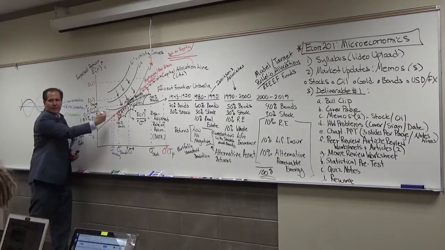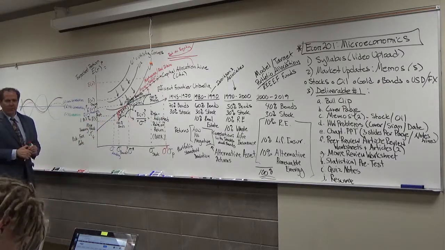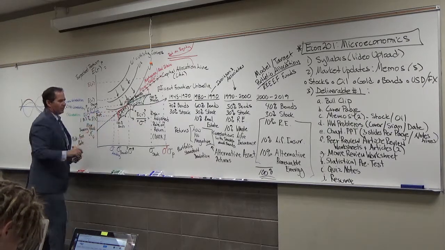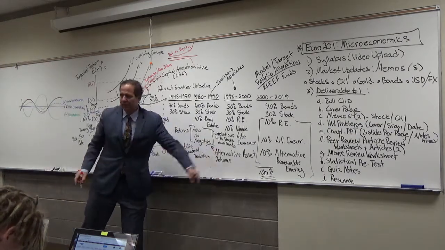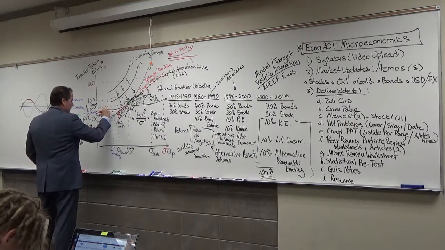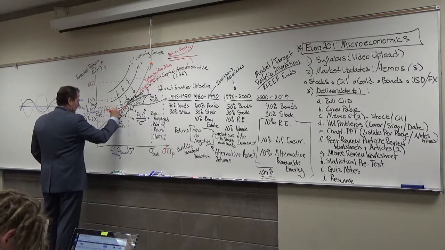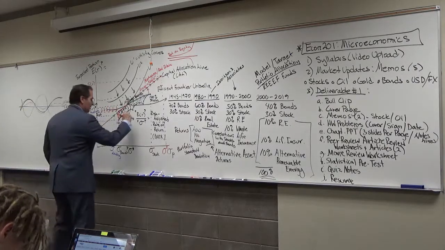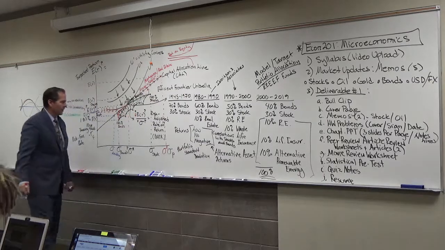So it bows it out like that. And because the rates of returns are lower for these alternative assets, it reduces the expected return on the portfolio.